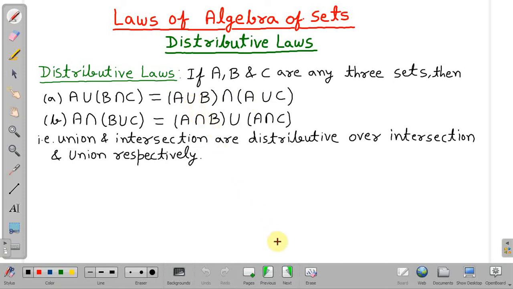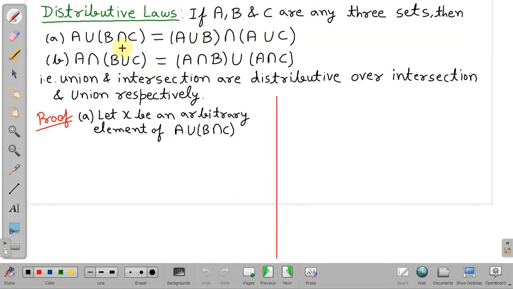Here we will use another method. Suppose we have to prove that two sets x and y are equal. We can prove that x is a subset of set y and y is a subset of set x. Then we will be able to prove the same. Okay, same method we will implement here.